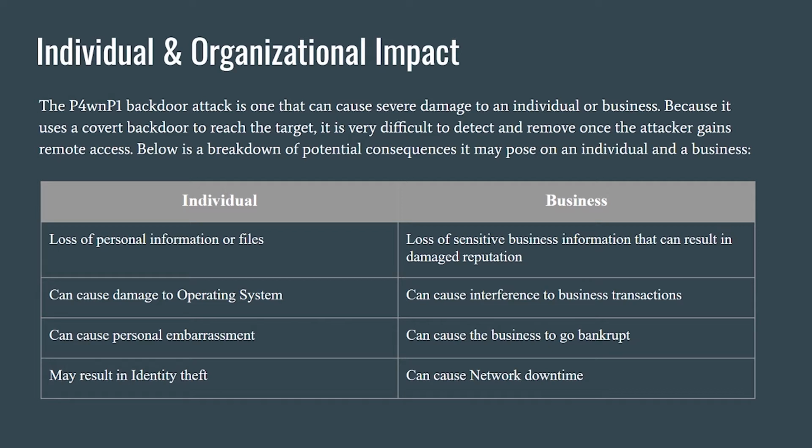Individual: loss of personal information or files, damage to the operating system, personal embarrassment, and identity theft. In a business environment, it can cause the loss of sensitive business information that can result in a damaged reputation, interference with business transactions, bankruptcy, and network downtime.